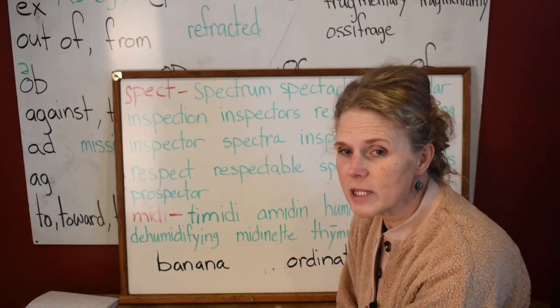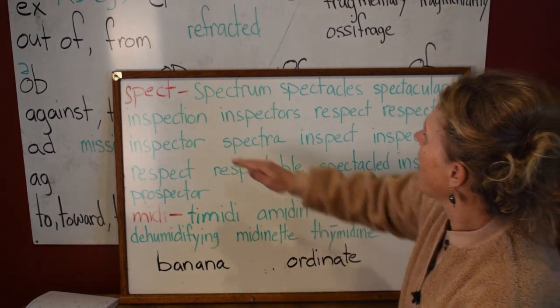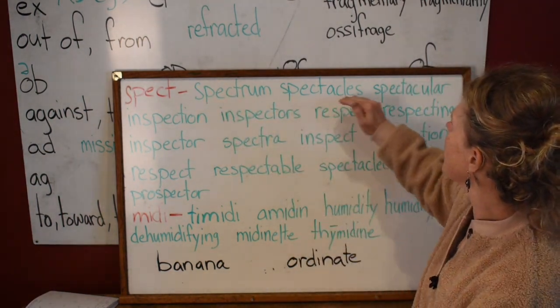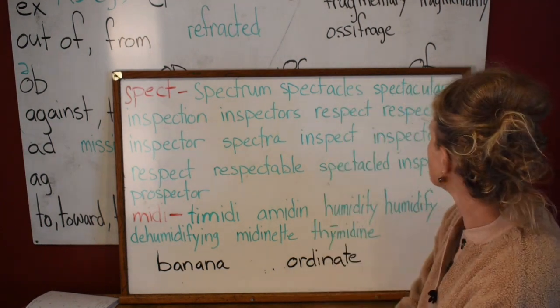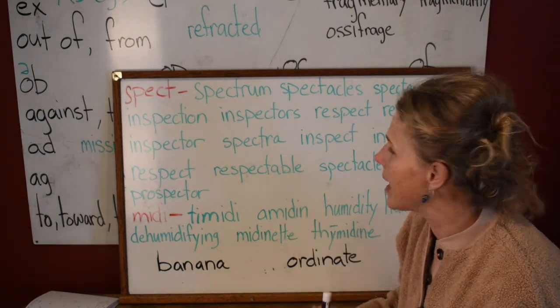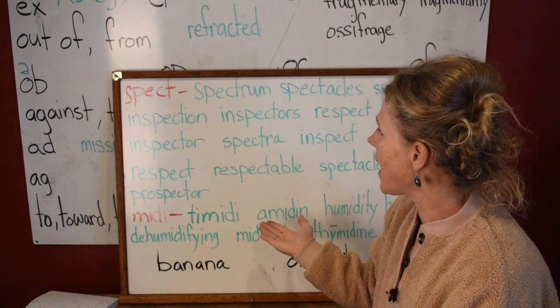Now, Daniel, what does spect mean? To see. To see. So we have spectrum. We are seeing. Spectacles. We see with our spectacles, right? Spectacular. We're seeing something amazing. Inspection. What do you think about that?